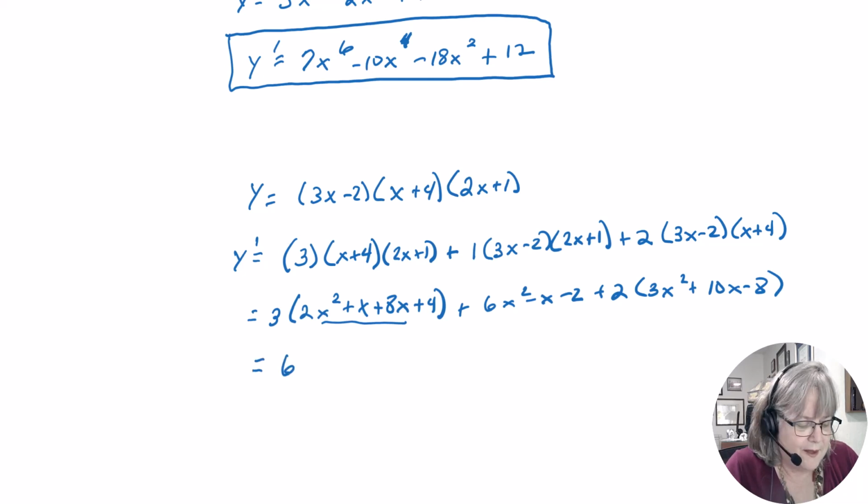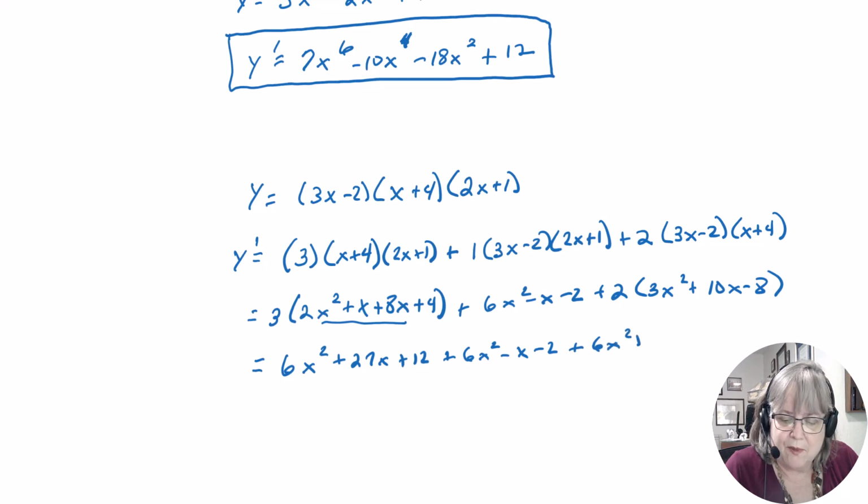So you get 6x squared plus 27x plus 12 plus 6x squared minus x minus 2 plus 6x squared plus 20x minus 16. So y prime turns out to be, after you add up like terms, 18x squared plus 46x minus 6.